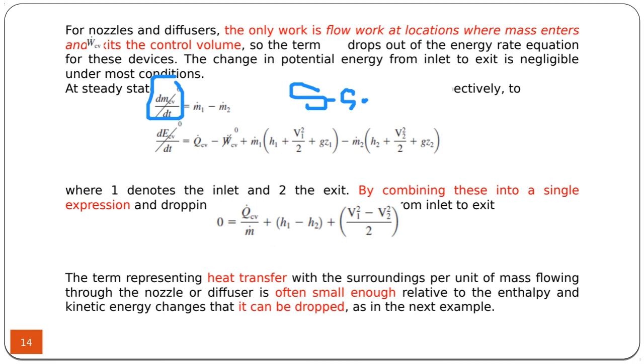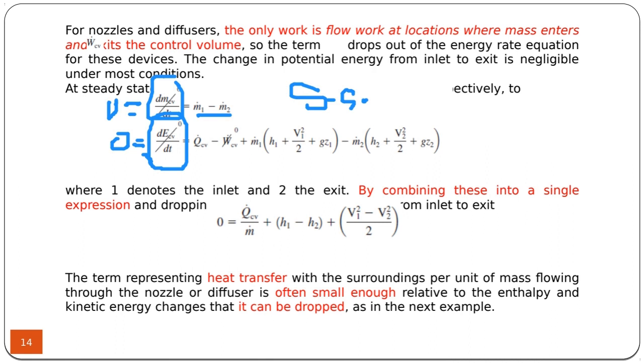And also the energy content is constant because it's steady state. So in both cases, we have 0 on the left-hand side, both mass equation and energy equation. So the first one gives you incoming mass being equal to exiting mass. What comes in should go out.